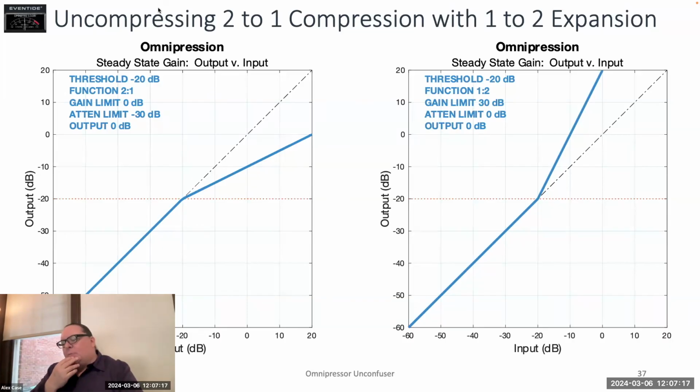Compression's really hard to hear, but could you find the ratio and threshold and attack and release settings to restore an overly compressed acoustic guitar to something that sounds more natural? I think that's a really intriguing exercise, as well as a powerful production tool. Someone sends you overdubs, they overcompressed it, you can restore believable dynamics in the signal because of the unique ability of being able to turn on and off the attenuation limit and the gain limit.